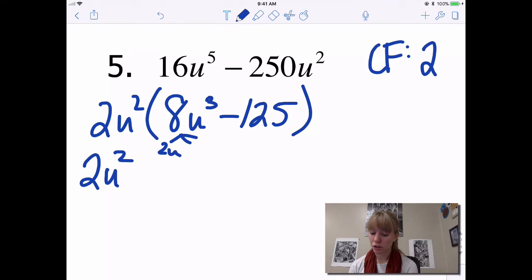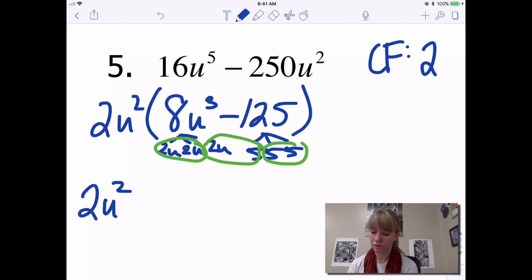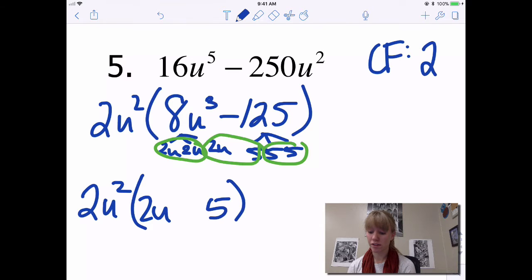and then I've got a 2u, 2u, and 2u, and 5, 5, 5, and we'll circle some pairs. So now in my first parenthesis, I've got a 2u and a 5.